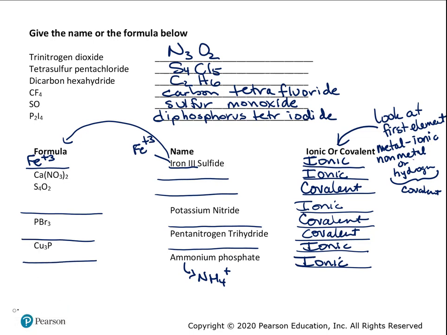Sulfide, what's that? Sulfur, so that's an S, and the charge is -2. Remember, it's 8 minus the group number. It's in group 6, so it's got to gain 2 negative electrons to make 8.